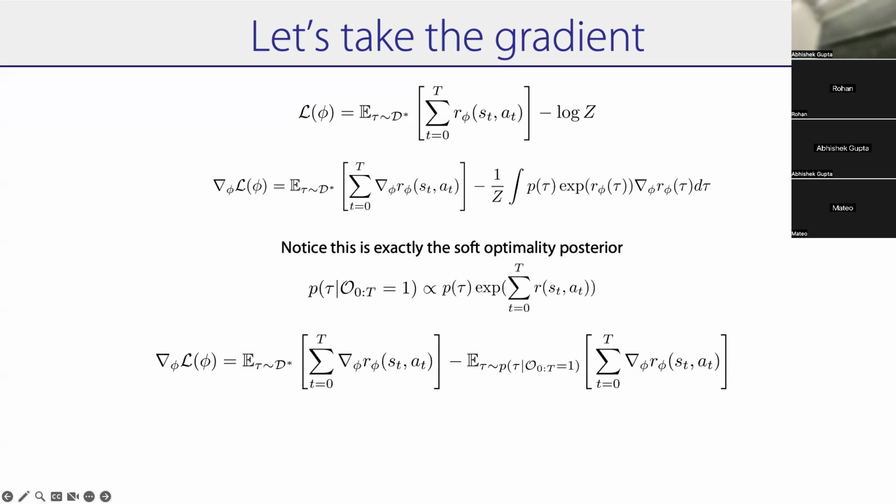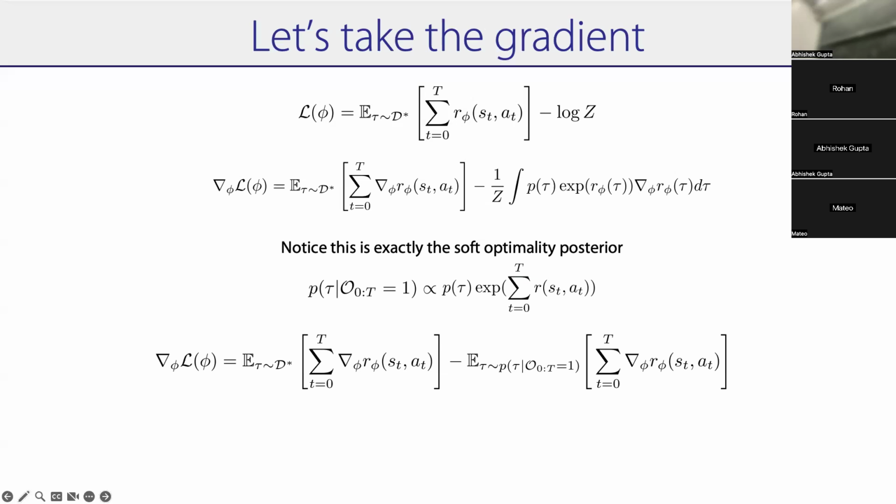Max ent RL tries to compute the posterior. We showed that max ent RL is equal to the posterior. It says things that are higher reward are higher, things that are lower reward are lower. That's it. So the first term is the expectation of the gradient under expert data, and the second term is the expectation of the gradient under the optimal policy for the current reward function.